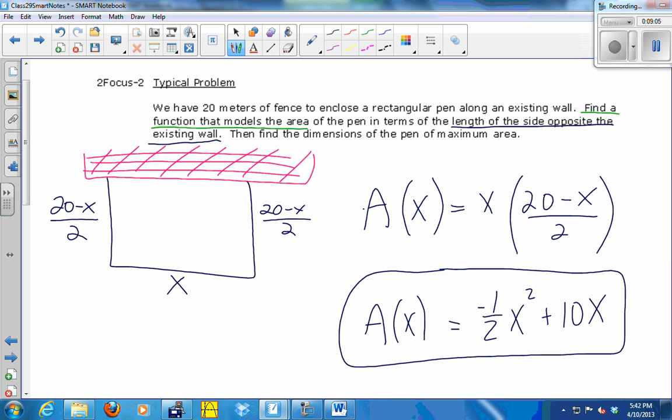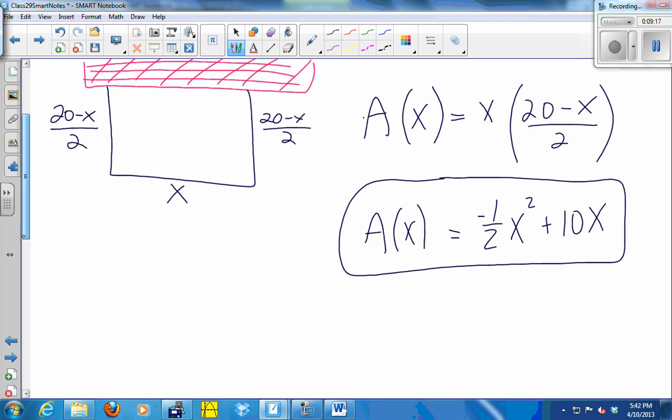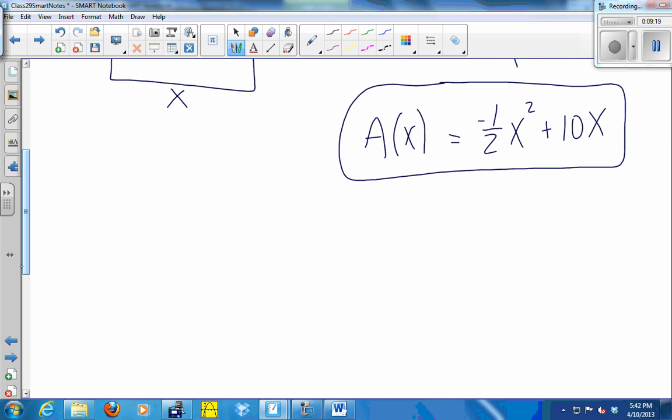So this area function is a quadratic that opens down, right? If I find its maximum, then I've found the maximum area. So I want to find the vertex. How do you find the x-coordinate of the vertex of a quadratic?